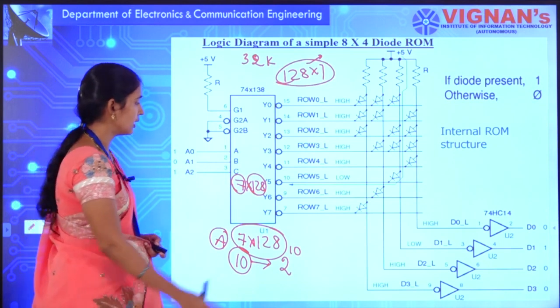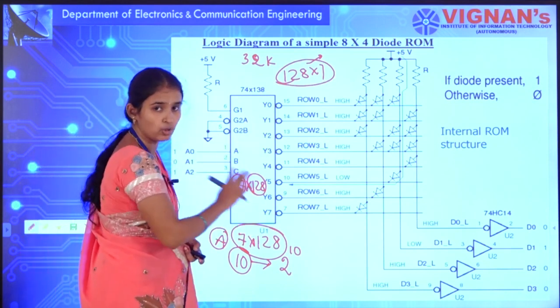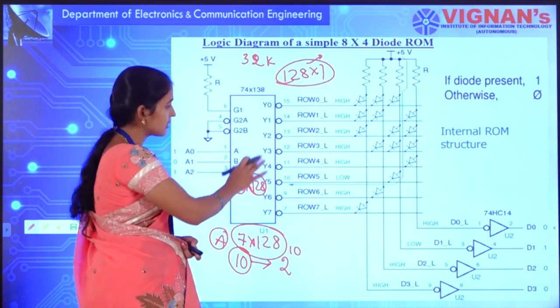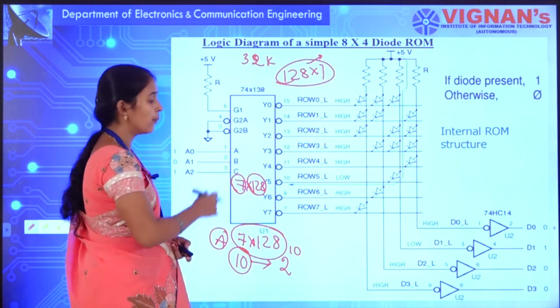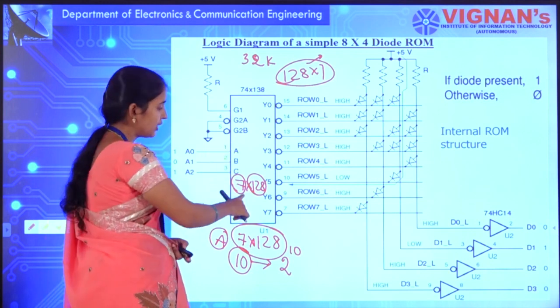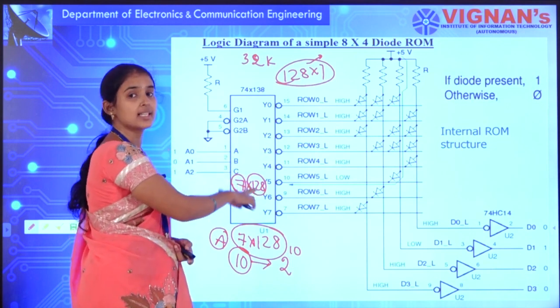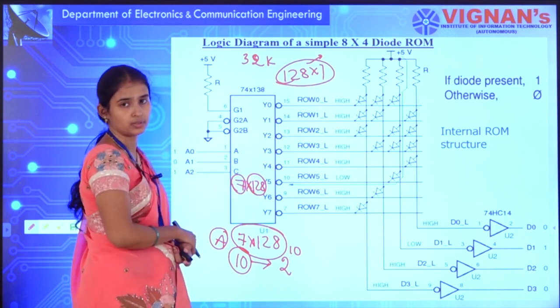Is it understandable? If I take 3 inputs, I will get 8 outputs, which is easier to design. But if I take 7 inputs, I require 128 outputs, that is, I have to design a 7 by 128 decoder.